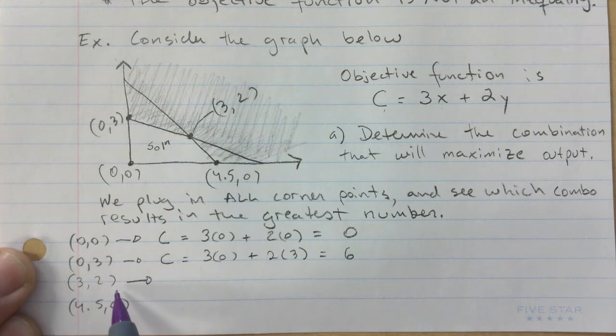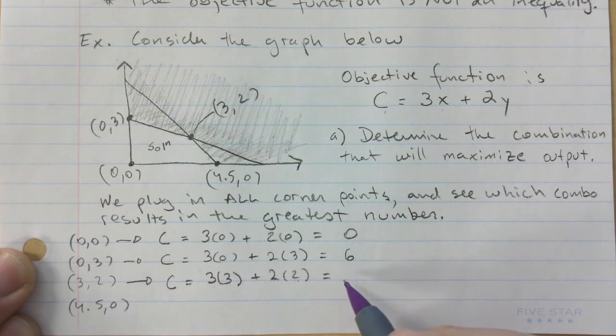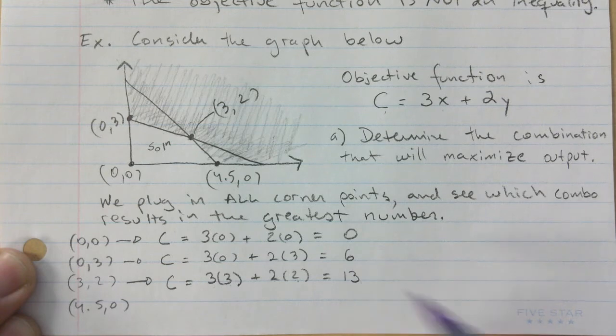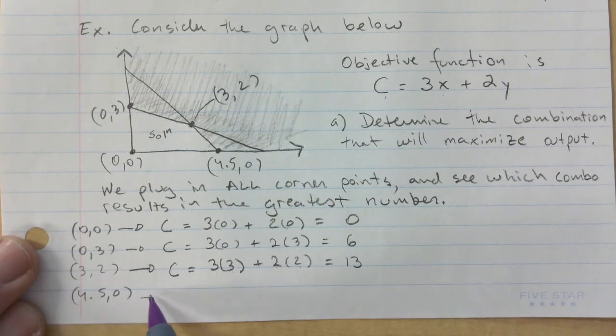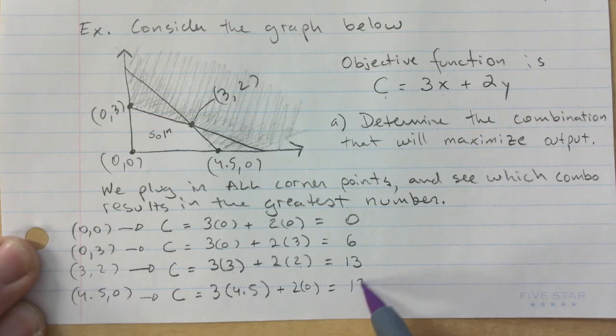Under the third category here, C is going to be 3 times 3, because x is 3, plus 2 times 2, because y is 2. So this would be 9 plus 4, and that's 13. And C here would be 3 times 4.5 plus 2 times 0. And we know this turns into 0. So this would be 13.5, like that.